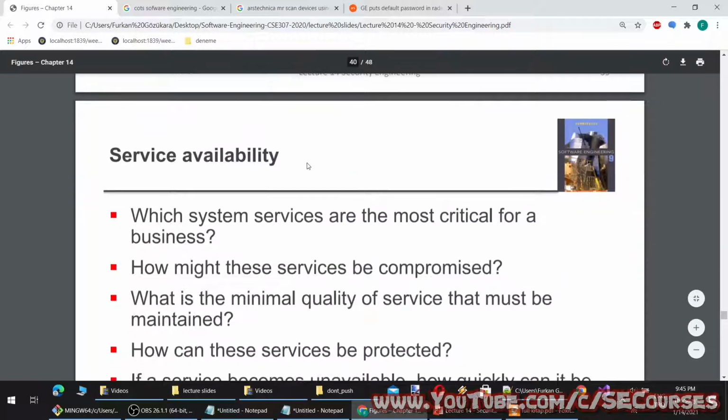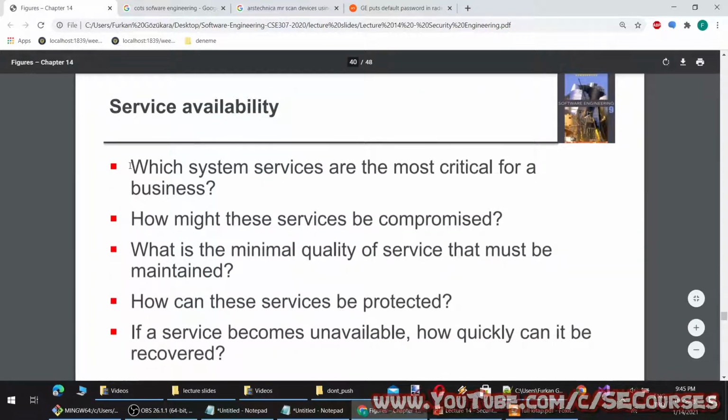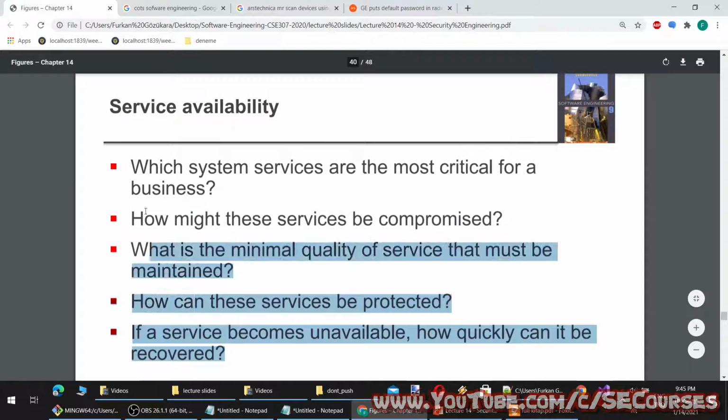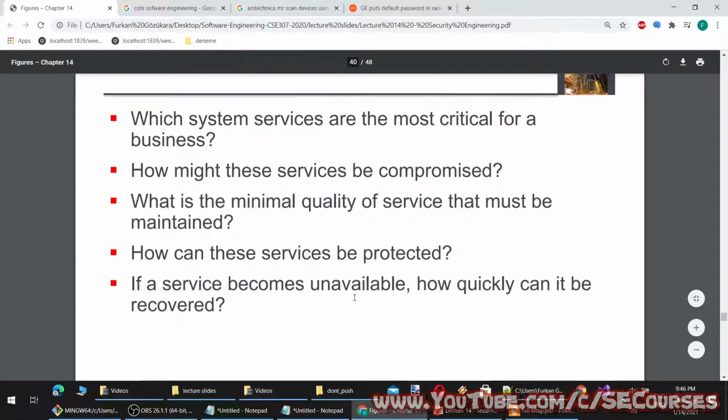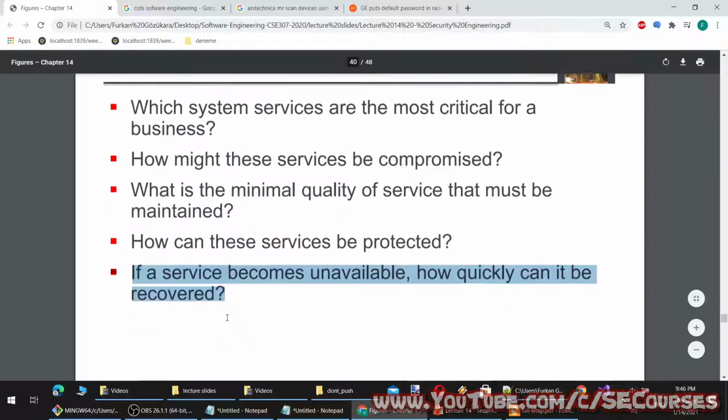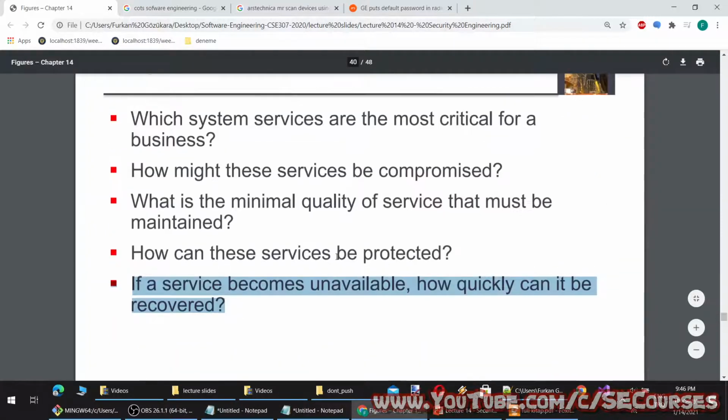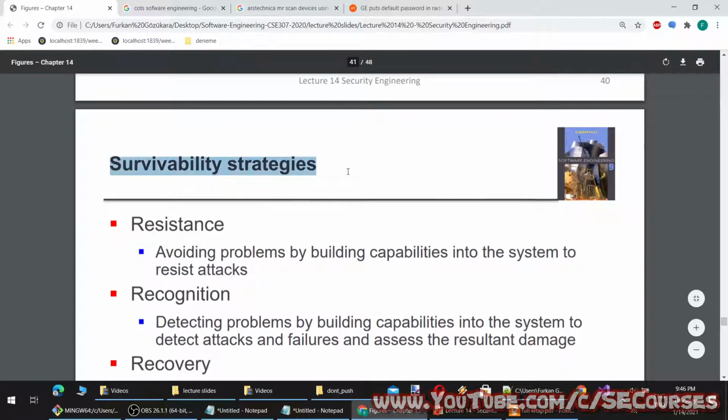And then service availability. Which system services are the most critical for a business? How might these services be compromised? What is the minimal quality of service that must be maintained? How can these services be protected? If a service becomes unavailable, how quickly can it be recovered? So these are the questions that need to be answered.